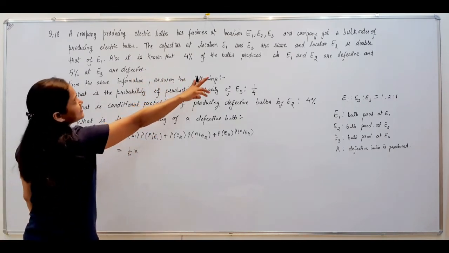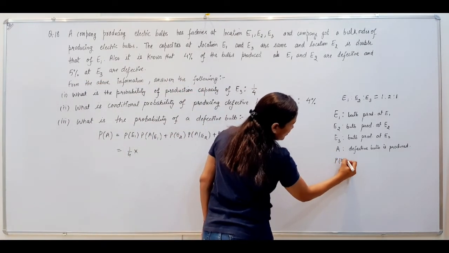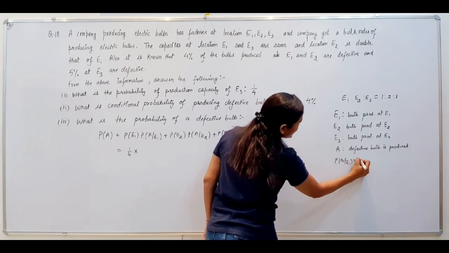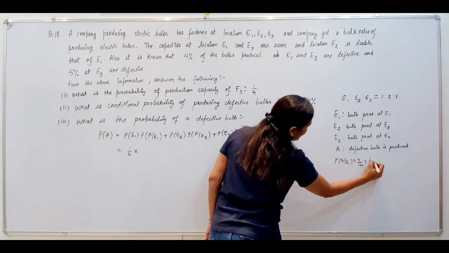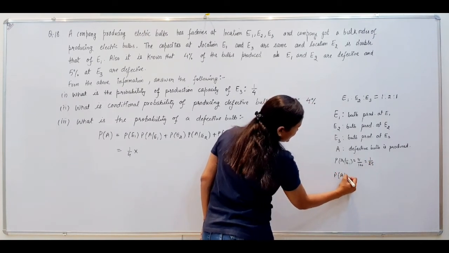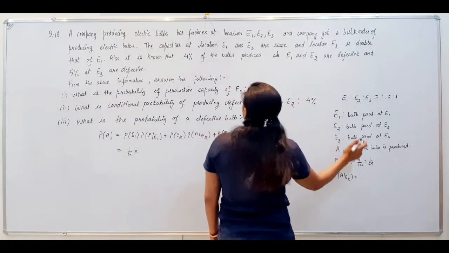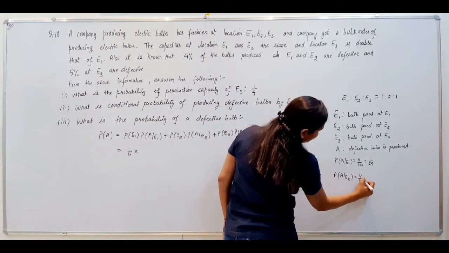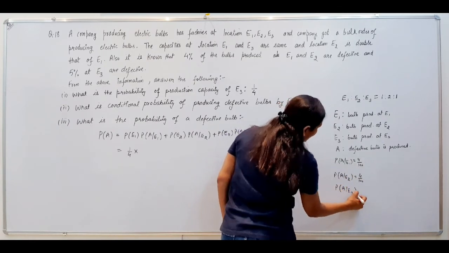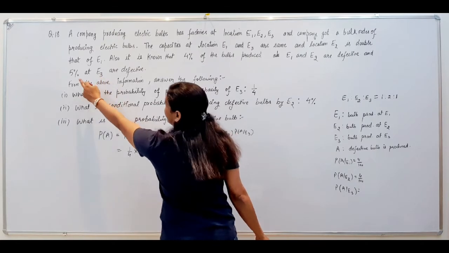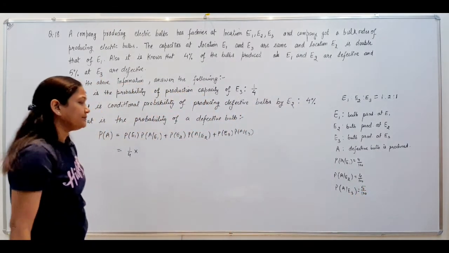A given E1 is 4%, that is 1 upon 25, and probability of A given E2 is again 4 by 100, and probability of A given E3 is, now at E3 5% defective bulbs are going to be produced, so 5 upon 100.